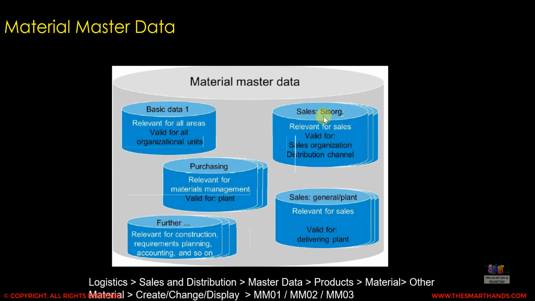Now sales data is relevant to the sales transaction. Then we got purchasing data, which is maintained at the plant level, which is used in the transaction, material management module. Then we got some other data like sales general plant data that we'll discuss in a minute. But apart from this, there's so much other data that we can maintain, for example, warehouse management data, product costing data, financial accounting data, and production planning data within the same material code.